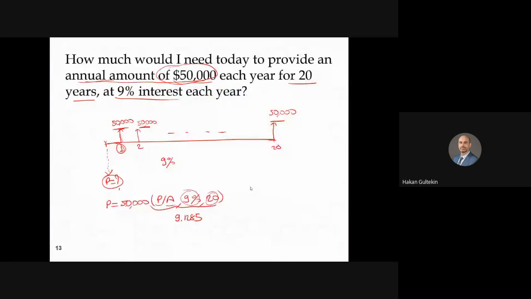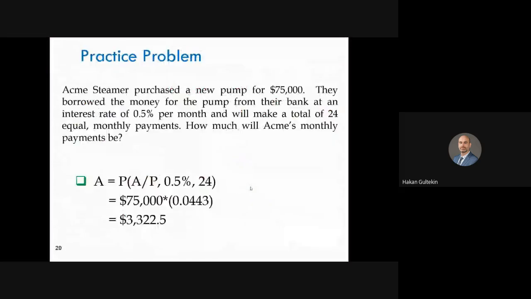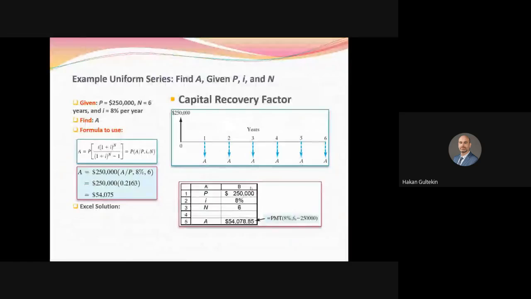Now, let's come to the point where we stopped last lecture. I think we stopped at this point. Actually, we were doing examples corresponding to these different cases, okay? And we stopped at this case. And what is this case? Given the present value, the interest rate, and the number of periods, if you want to find A, how can we find it?